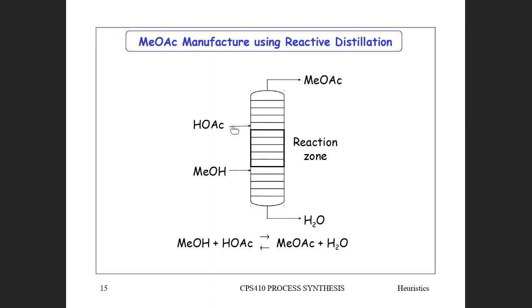So this heavy component you will put in at the top of the reaction zone, and it will tend to travel down and react. But as soon as it reacts, it makes water, which can come out immediately from the reaction zone. Methanol will tend to rise through the reaction zone, and the methyl acetate that gets formed will immediately be stripped out of the reaction zone, and therefore in the reaction zone you will tend to have mainly methanol and acetic acid.